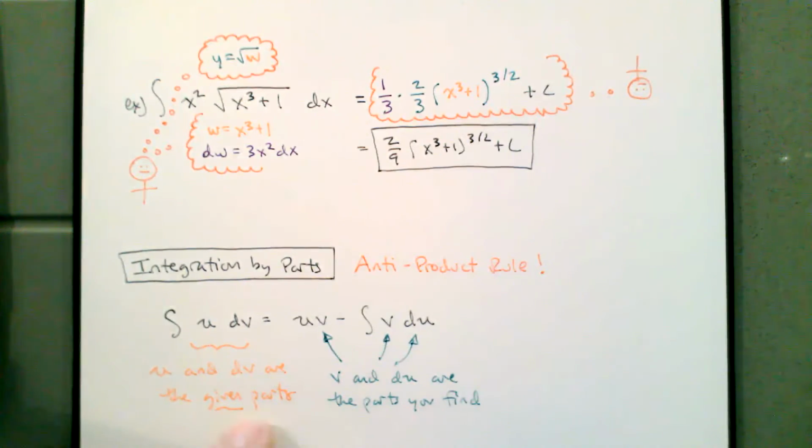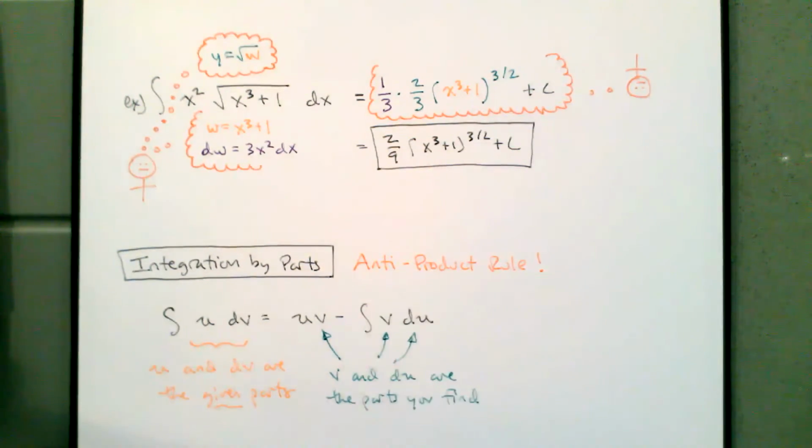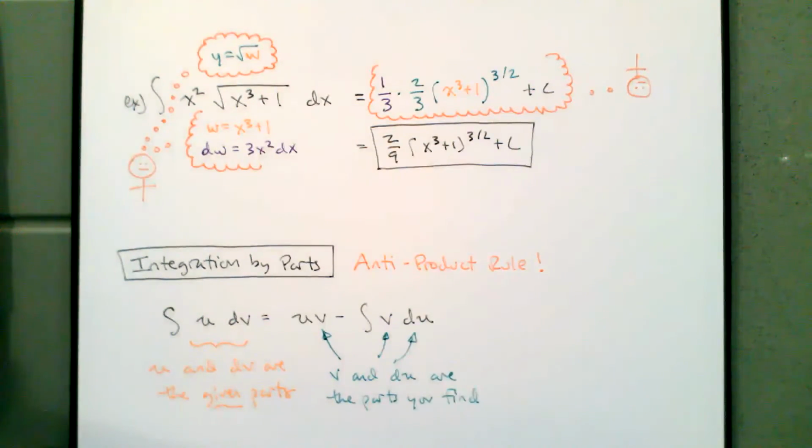So part one, choose your given parts. Part two, find the parts you find. Part three, plug into the formula. Part four, evaluate your secondary integral. Part five, since I didn't want 4 parts, repeat if necessary. I usually refer to this integral of v times du as the secondary integral.